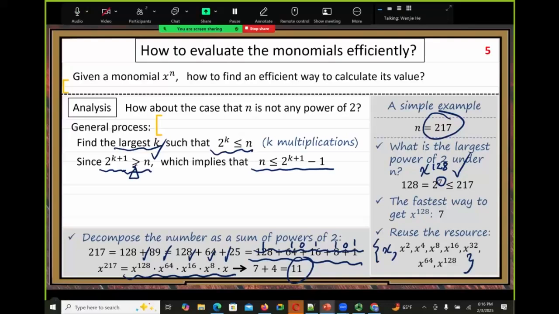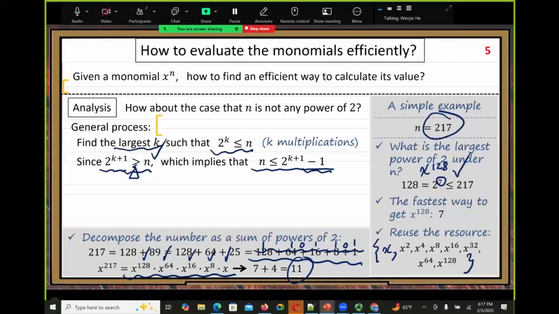2 to the k plus 1 is an integer. One integer is strictly greater than another integer. Can we say the greater one is at least one more than the smaller one, right? If you subtract 1, then it's greater than or equal to n, because the difference is at least 1.